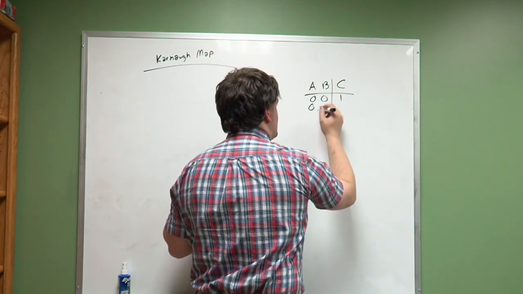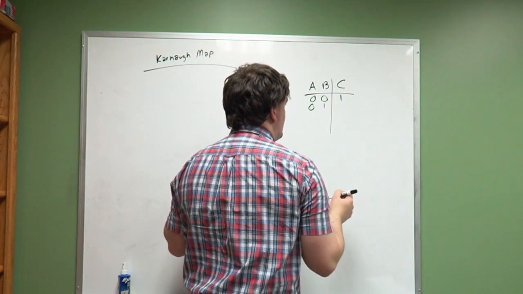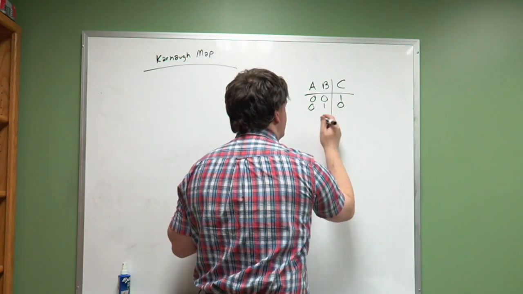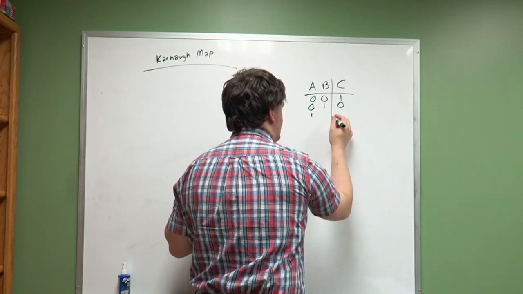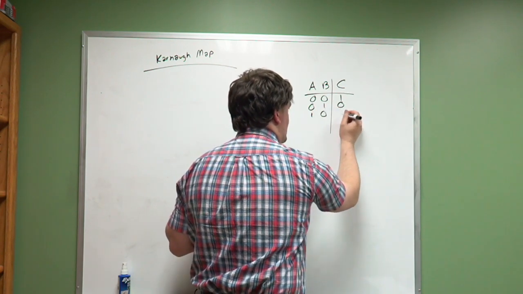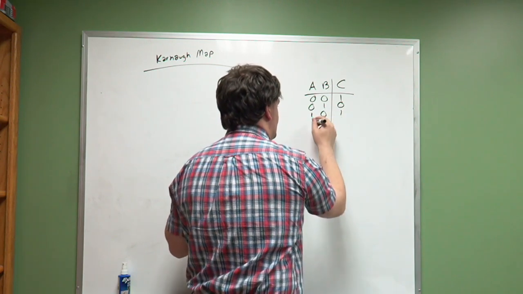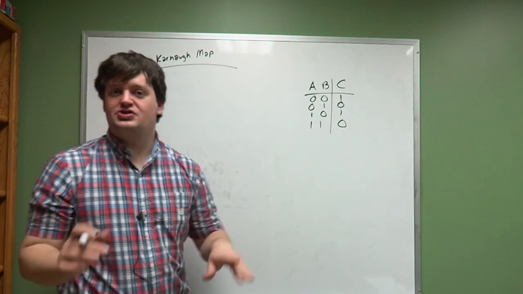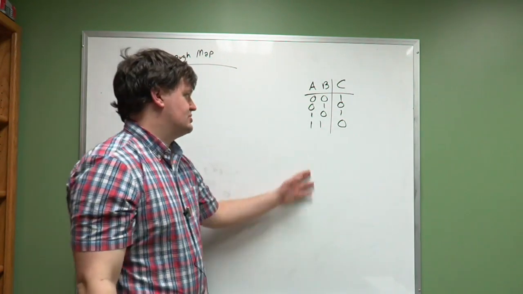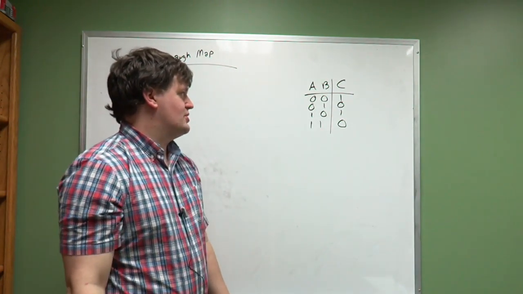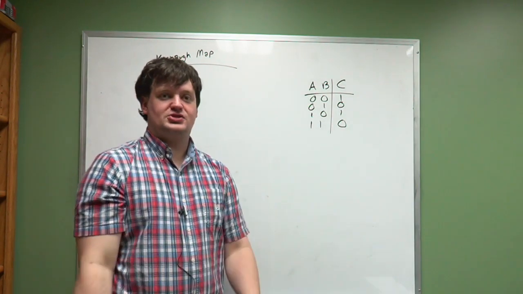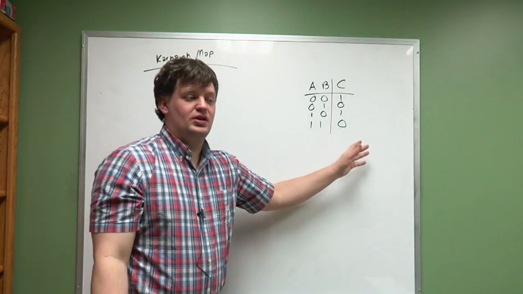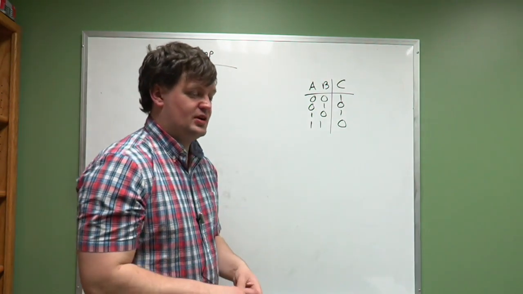If I have switch one off, switch two on, I want this to be off. If I have switch one on, switch two off, I want this to be on. And if I have both on, I want this to be off. Okay? I just randomly created this. So now I have a two-switch situation. Two switches operating in tandem create some output that I have control of. Okay?